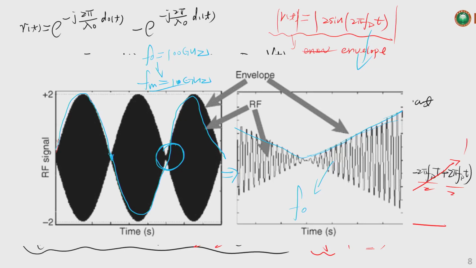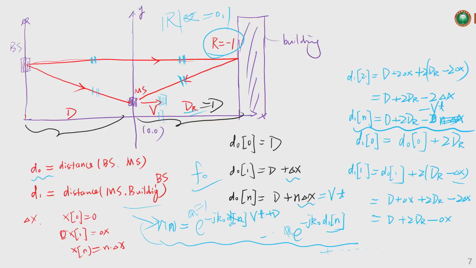The minimum of it should be larger than that, because the interference here is between 1 and 0.1. So the minimum, or the null, of H cannot be 0, and the maximum, or the peak, would not be 2.